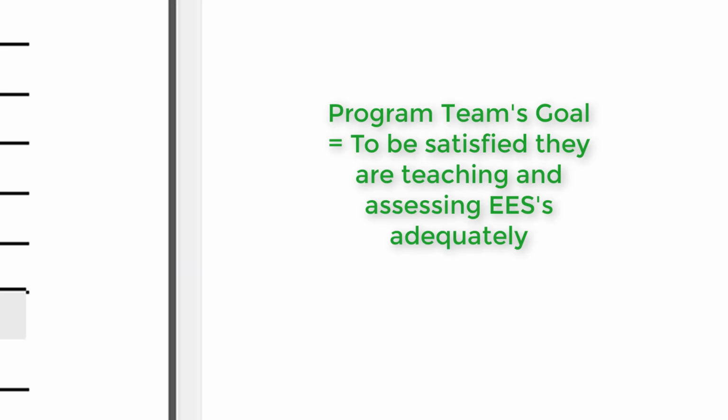Remember, as a program team, you need to satisfy yourself at the end of the day that you are addressing these EES outcomes appropriately. You've taught them and assessed them.